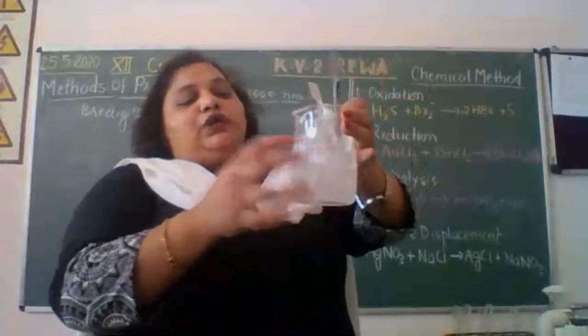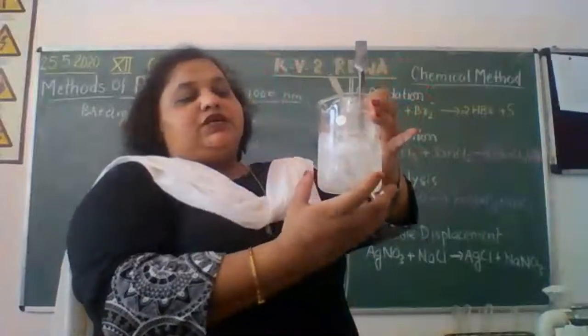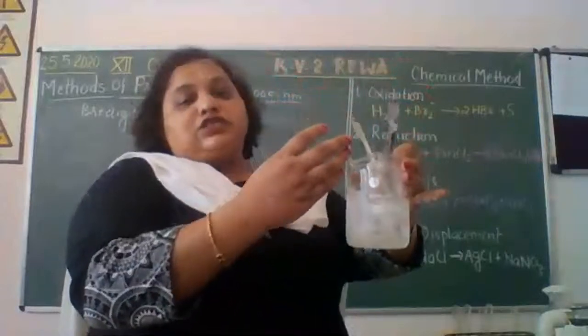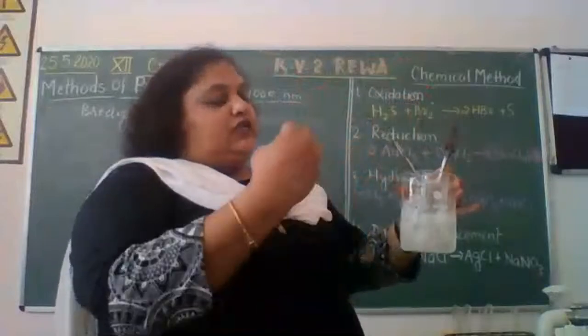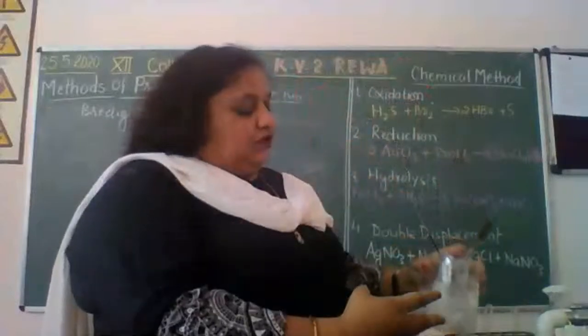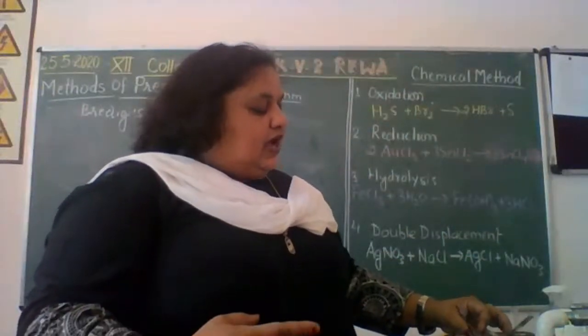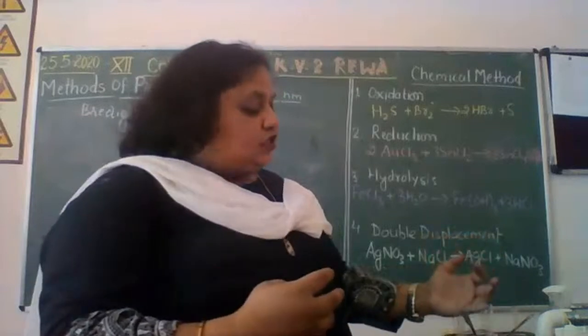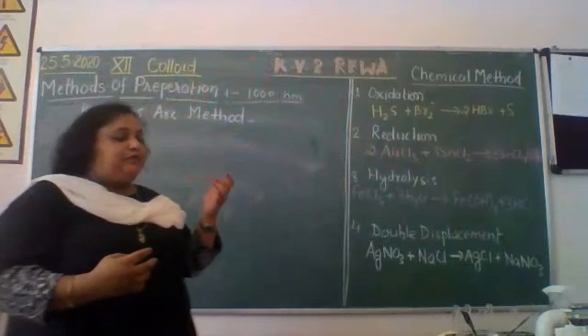So as soon as the evaporation takes place, this low temperature helps in the condensation process, and simultaneously vaporization, dissociation, everything takes place, dispersion and condensation, and that helps in the preparation of the colloidal solution, right?